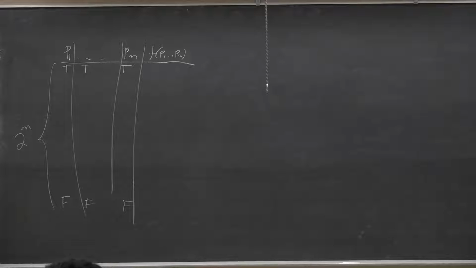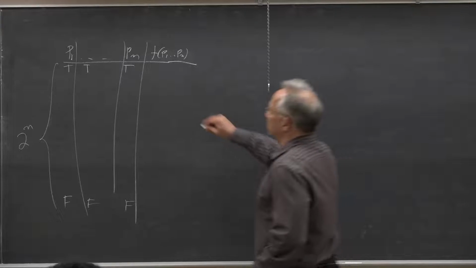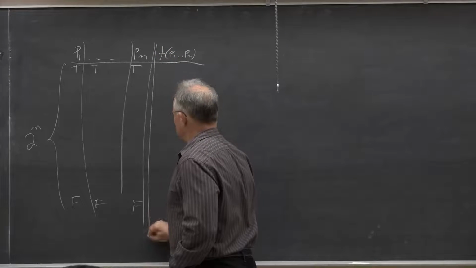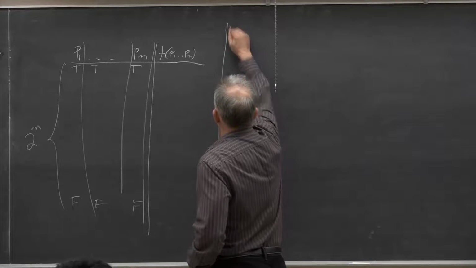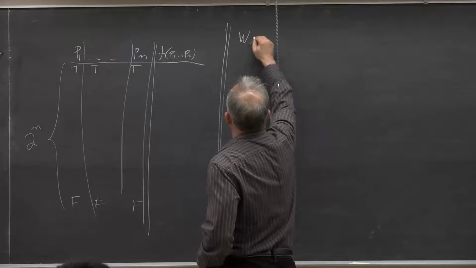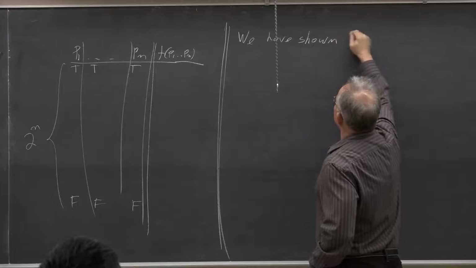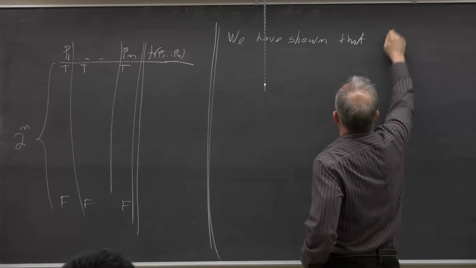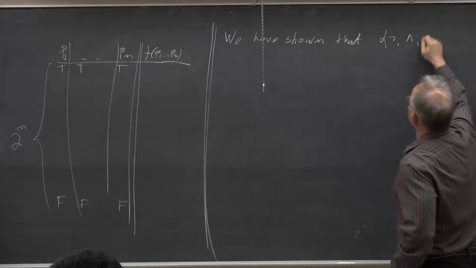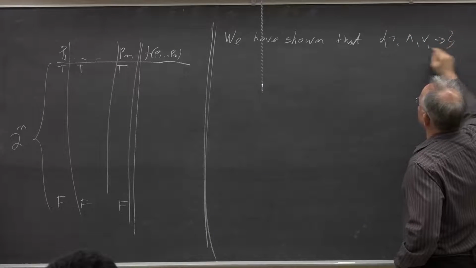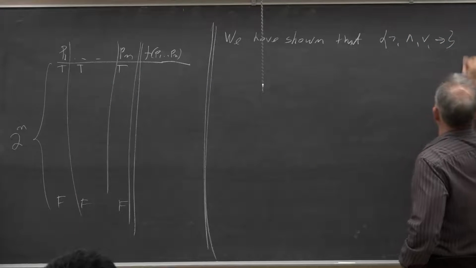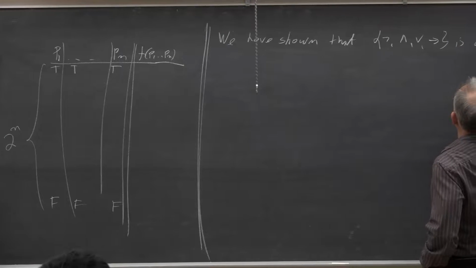And we have shown that the set consisting of those 4 functions with their truth tables is adequate.